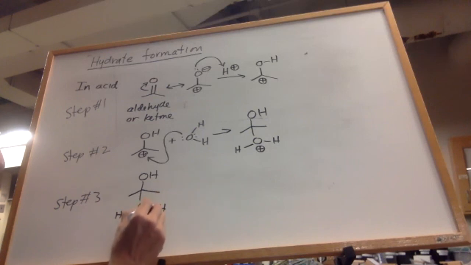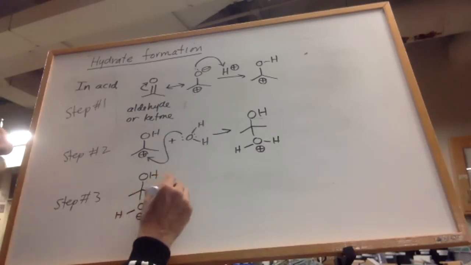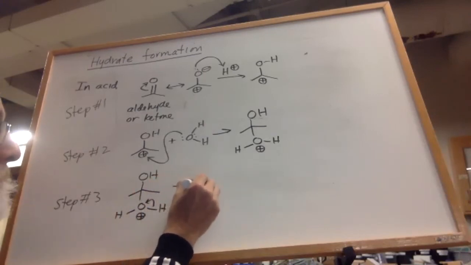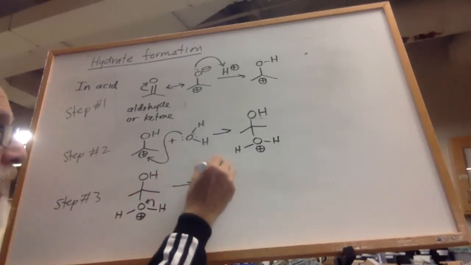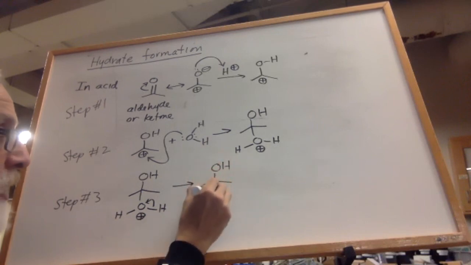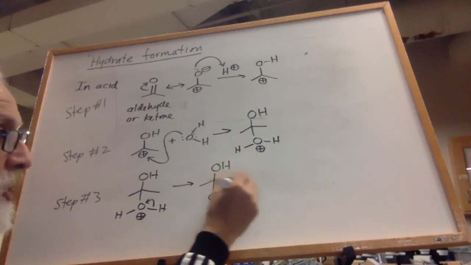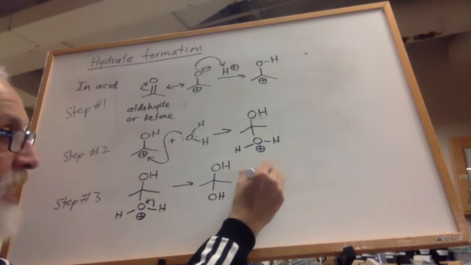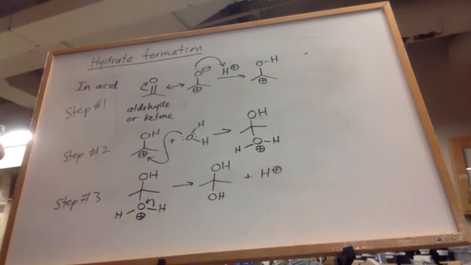So the last step of this mechanism is this proton falls off. This arrow means the electrons in this oxygen-hydrogen bond are now eaten up by the oxygen atom. And so there's our mechanism, and there's our final product. There's the hydrate, and H plus is also produced.